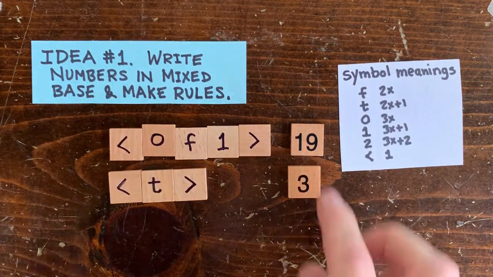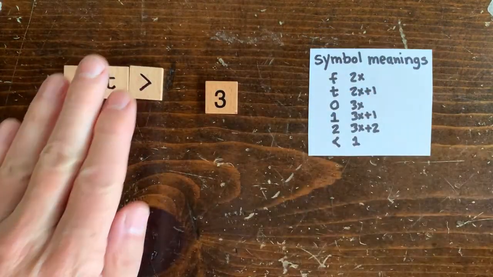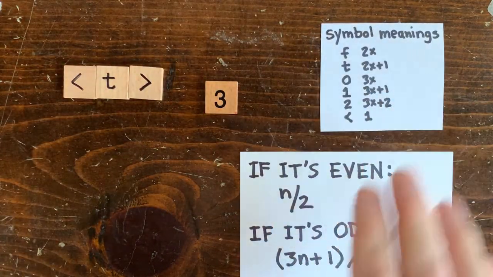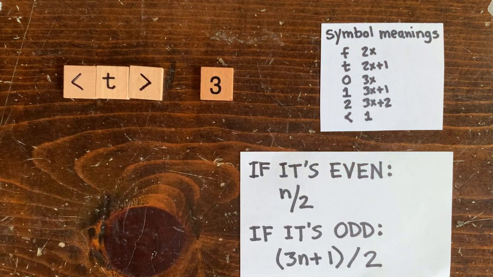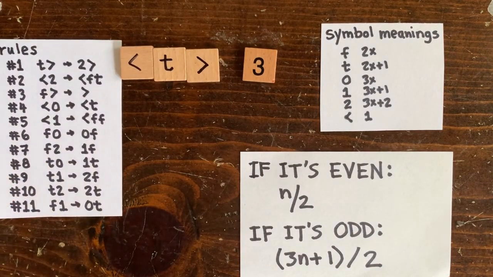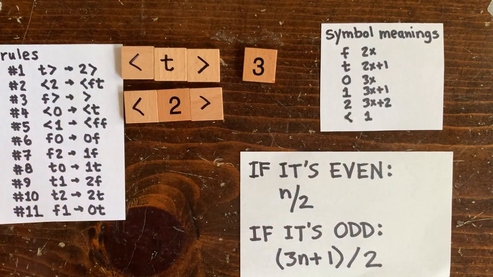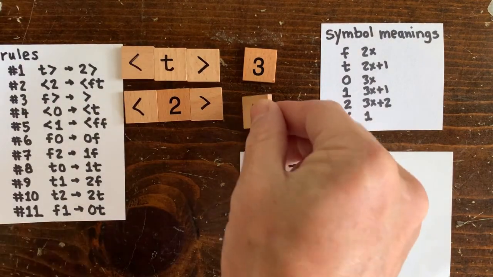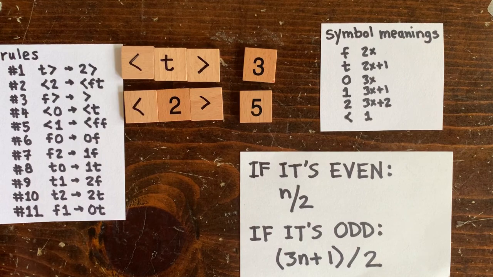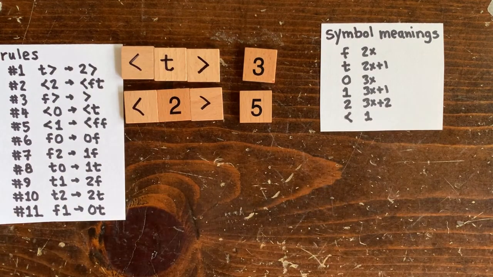Now let's execute the 3n+1 procedure on that by applying rules. Well, 3 is odd, so what rule will multiply it by 3, add 1, and cut it in half? Well, it's easy. Rule number 1 says replace T bracket with 2 bracket. Now instead of 2 times 1 plus 1, we get 3 times 1 plus 2, which is 5, the next number in the sequence. Now 5 is also odd, so unfortunately you can't do the same rule though.